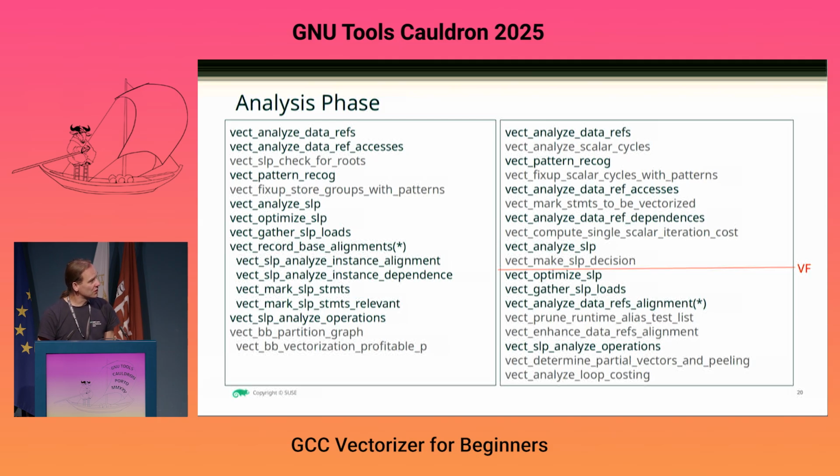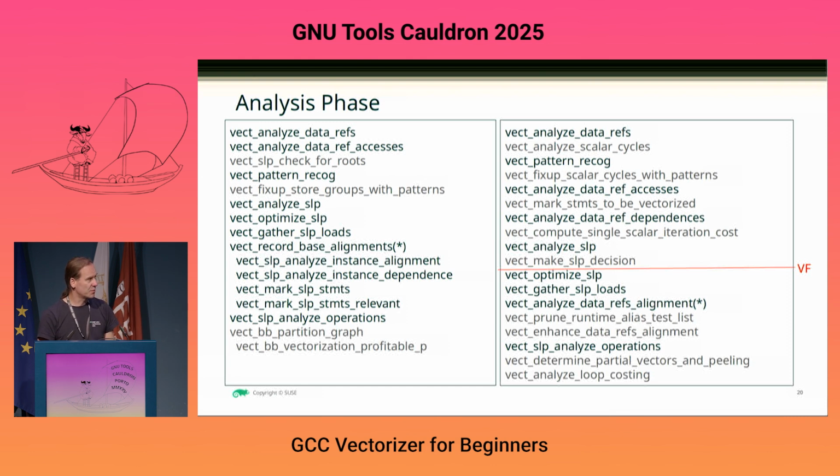On the loop side, we then go over the set of runtime alias tests we have registered and try to prune them with extra information, but also by removing redundant tests. And at that point, we eventually give up when there are too many tests to be done at runtime.